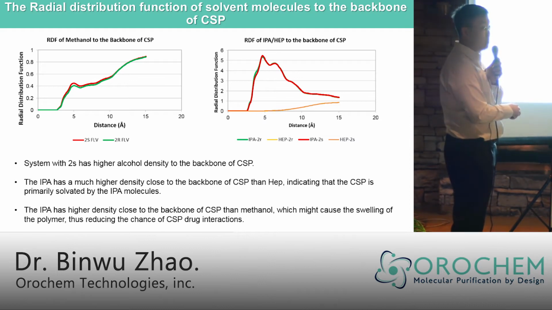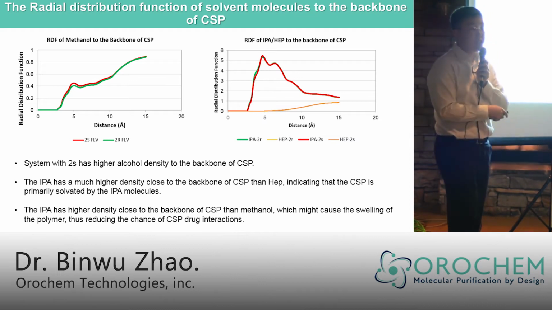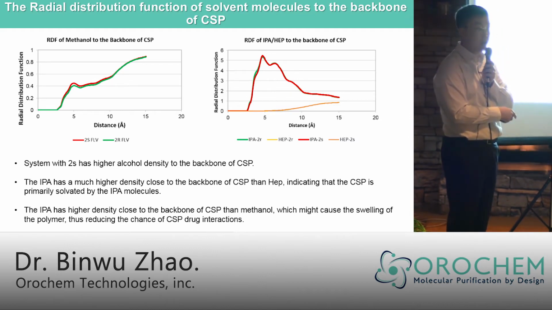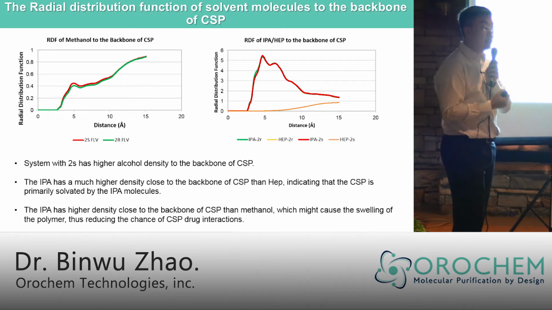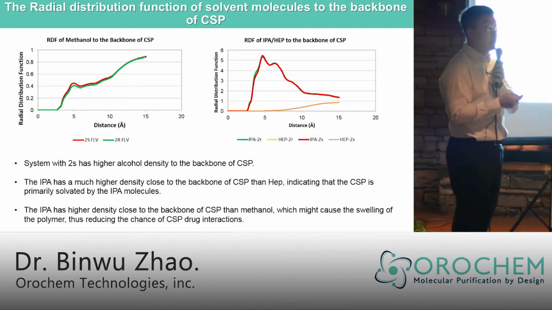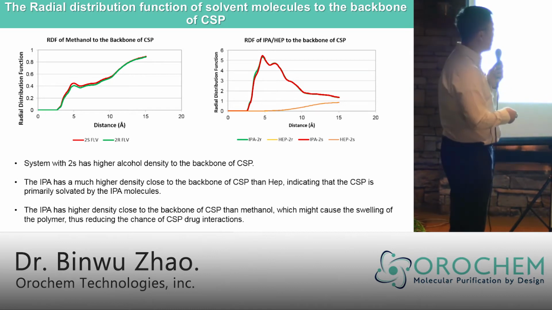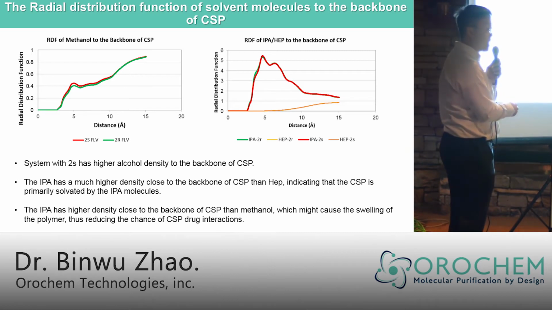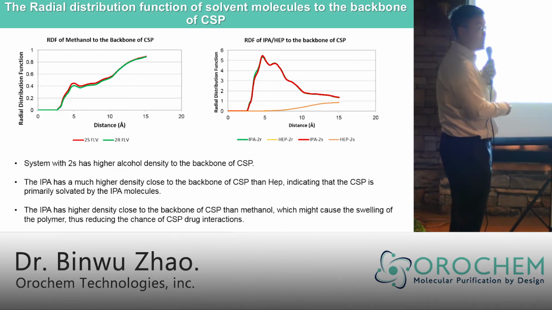This tells us when you have 90/10 heptane IPA in the system, all the IPA molecules are being pressed against the CSP by the majority of the heptane, even though the IPA is the minority, only 10%, but the density is significantly higher even than the uniform methanol solvent condition.